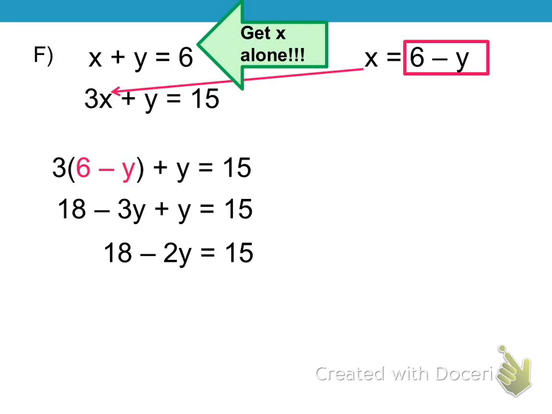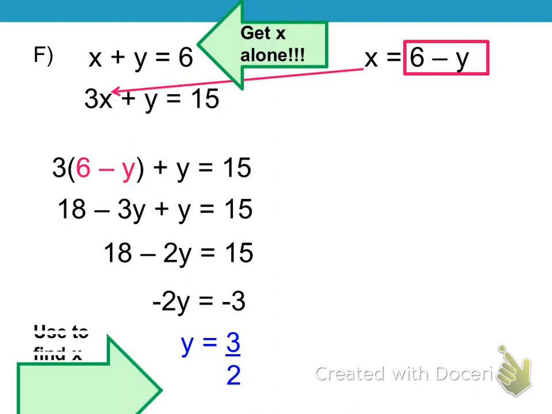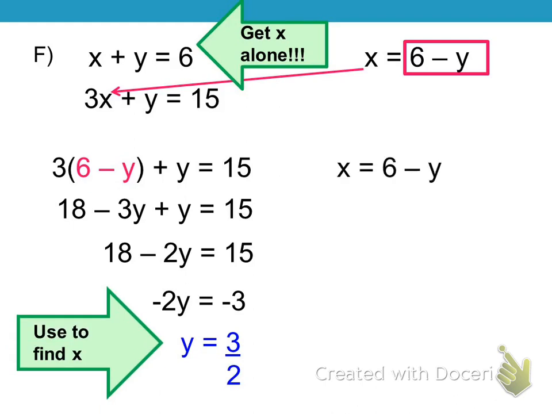Then what? Subtract 18. Divide by -2. So y equals 3/2. Then what? Plug it back in. Good. I'm going to plug it in for the spot where x is already isolated. So 6 minus 3/2.